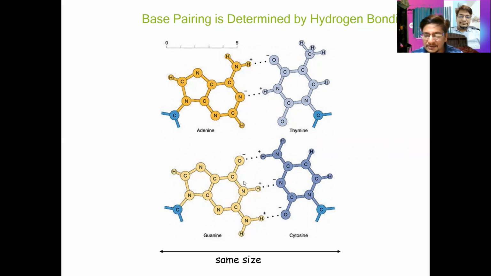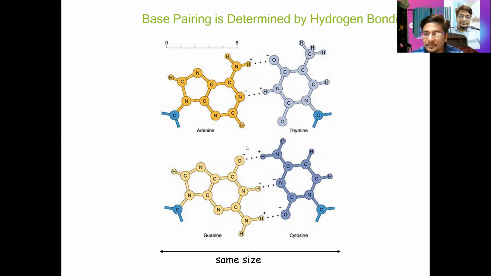Similarly, if you look at this region in the guanine and the cytosine, oxygen is over here, the hydrogen provider is the cytosine, and here another hydrogen is coming. The 2 hydrogens are going to be given by the guanine to form the hydrogen bond, and the acceptor is going to be cytosine.